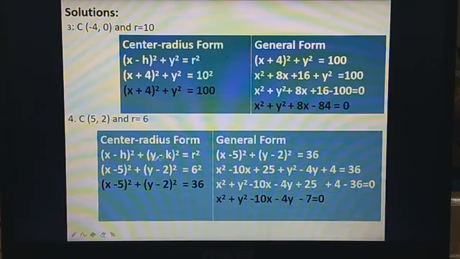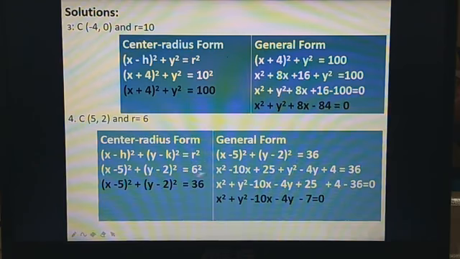By substitution, x minus the value of h, 5 squared, plus the quantity of y minus the value of k, 2 squared, equals radius 6 squared. So, simplifying the right side, 6 squared, so we have 36.